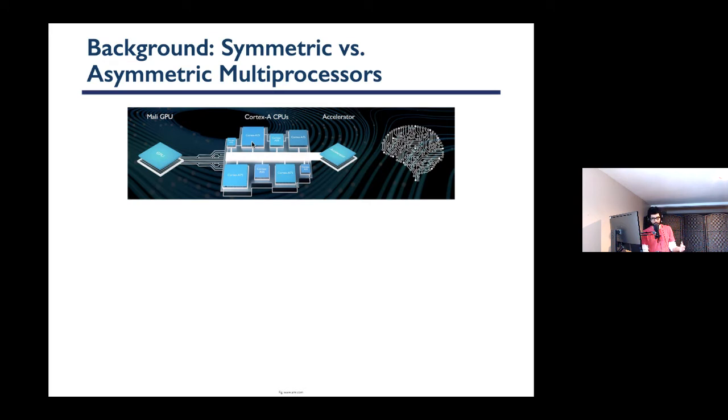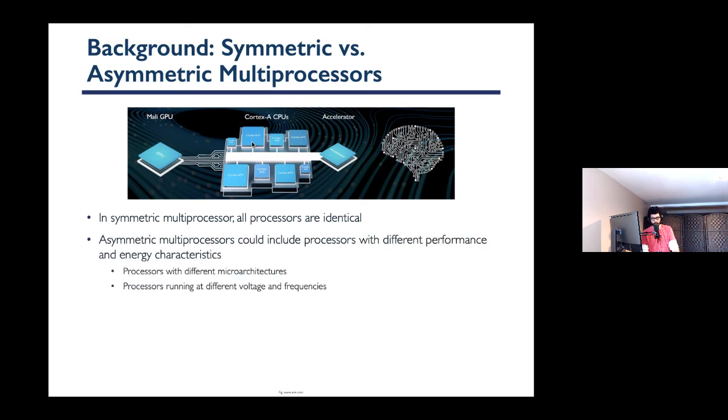The reason we have this is because the power that is consumed by a processor is very much related to the performance of that processor. So if you have a high performance processor, it implicitly means that that processor is consuming a lot of power.